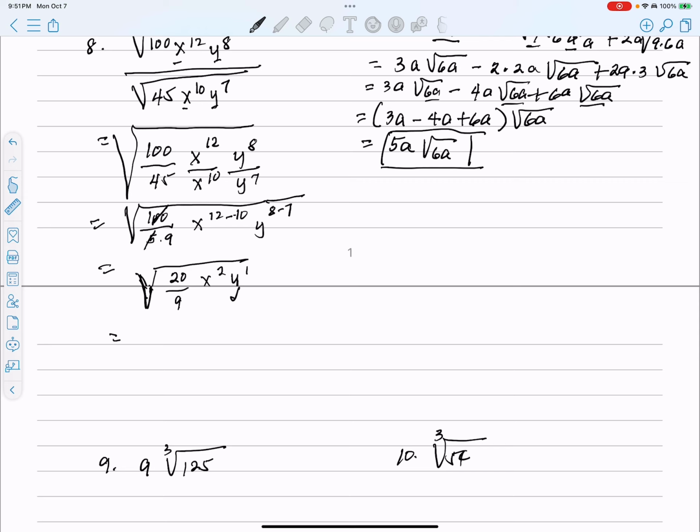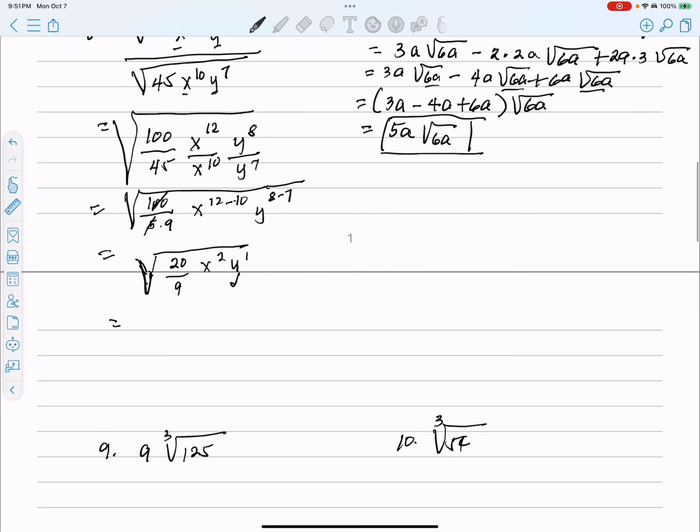Alright, let's get the perfect squares. I could factor out 20 as 4 and 5 to get the perfect square root, and the square root of 9, so x squared y. So which one could I take out? All of this is under the radical sign.